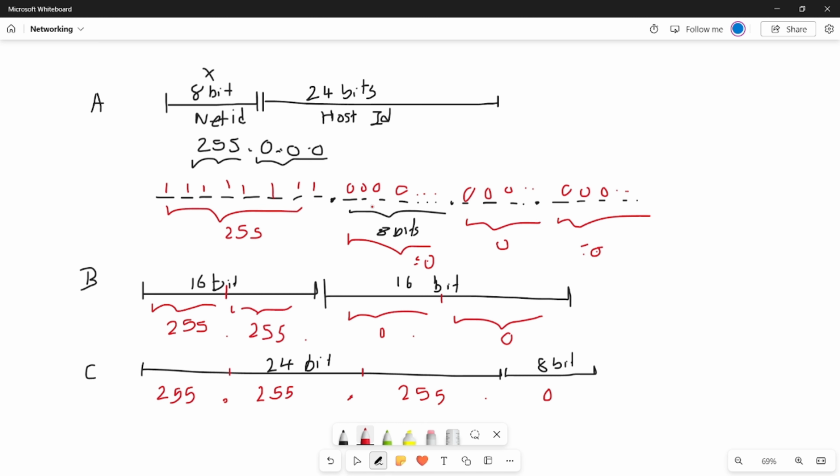So there is one thing to know, that there are 4 different ways that we can indicate the subnet mask of a particular IP address. So we can write the subnet mask of an IP address like this: 255.255.255.0.